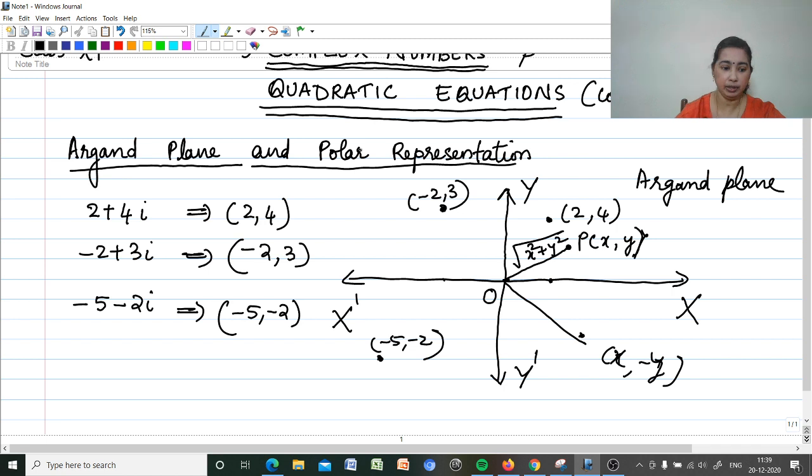Now we are moving on to the polar representation of a complex number. How do we represent a complex number in polar form?